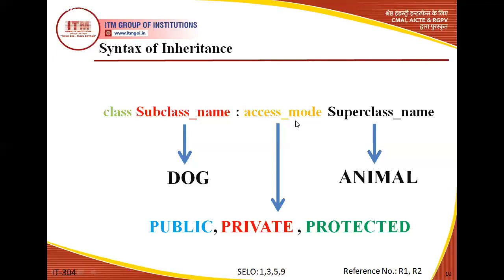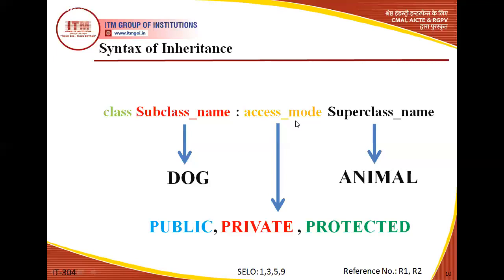So there is a difference between them. If you inherit privately, it will give you a different result. If you inherit the members of the parent class publicly, it will give you a different result. Likewise for protected also, the things will be different.